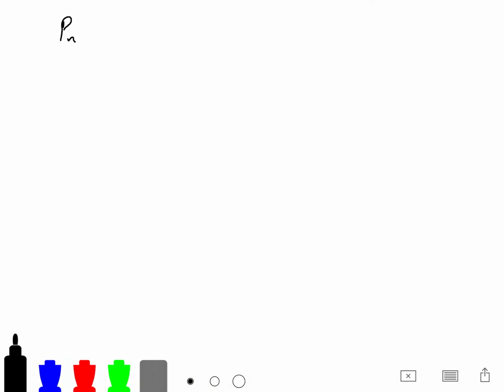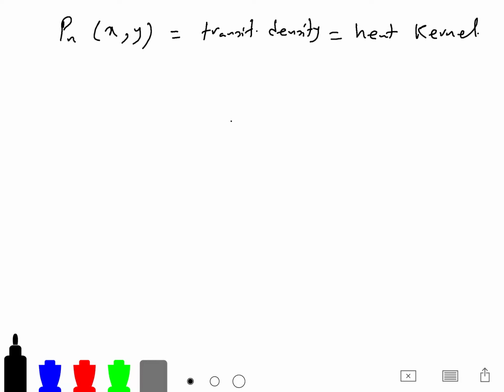What I want to say is a very important thing, and it is called the heat kernel. In most books, I have seen that they use this notation, p_n(x, y), and they say transition density. Don't say probability density. It is transition density. The term density is just another word for saying heat kernel.